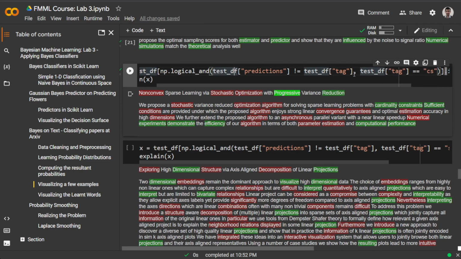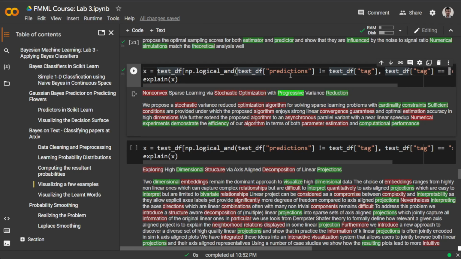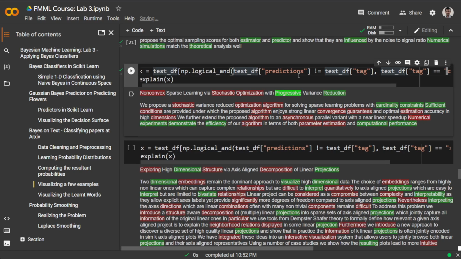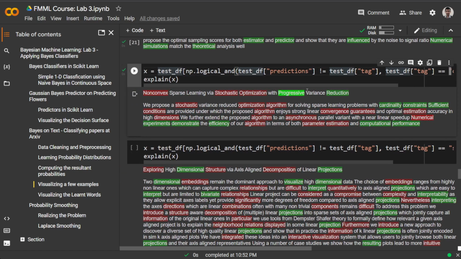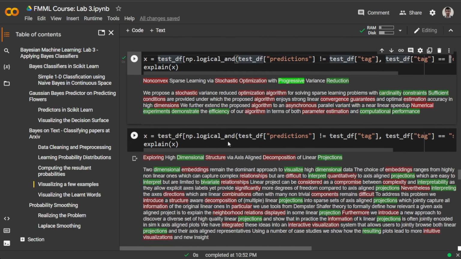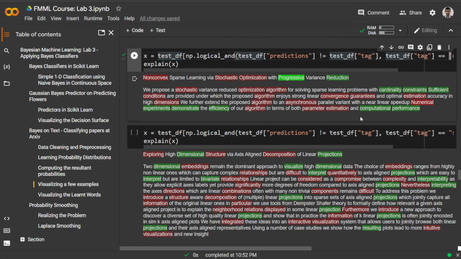So these were the words, stochastic, optimization, which are trying to guide us towards it being a statistics paper, but we saw words like progressive, experiments, demonstrate, computational performance, etc. and we called it a computer science paper, which was incorrect.